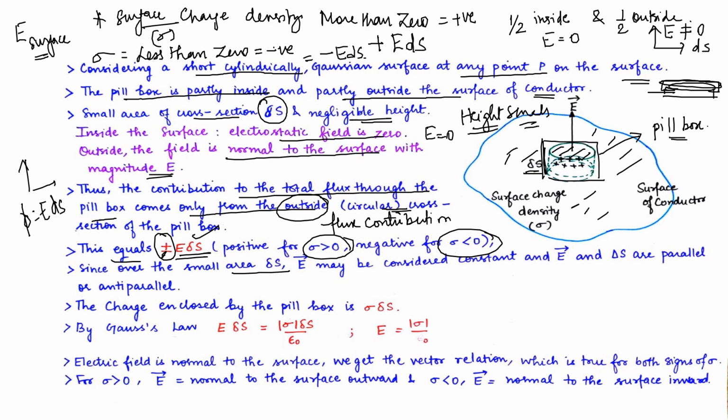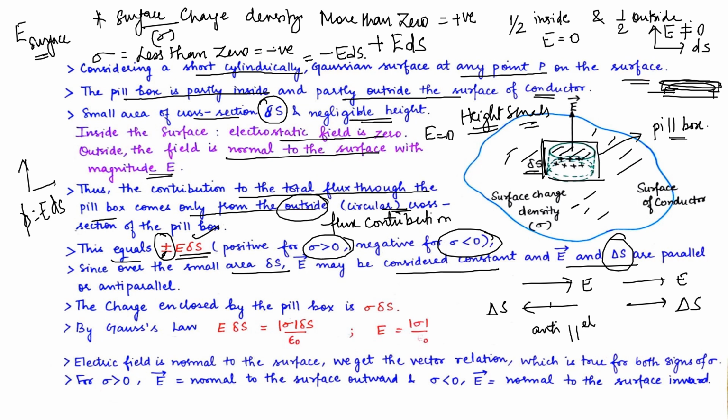Since over the small area del S, E may be considered constant, and E and del S are parallel or antiparallel. This is the antiparallel case, and this is the parallel case. The charge enclosed by the pill box is given as sigma into del S. Sigma is the charge enclosed per unit area.